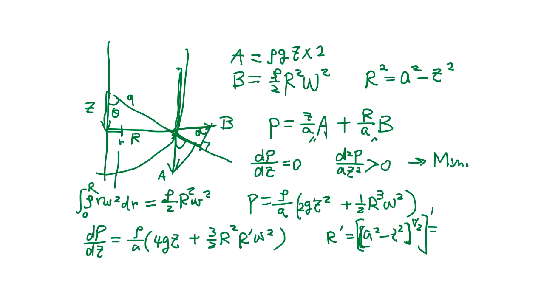So it's going to be A square minus Z square, prime, minus 2z.